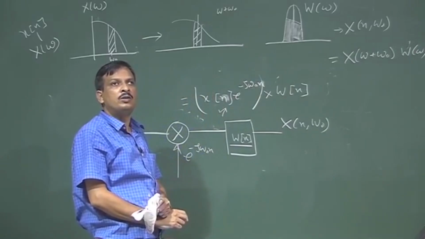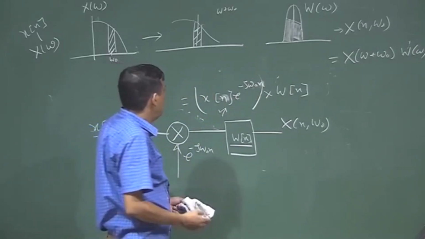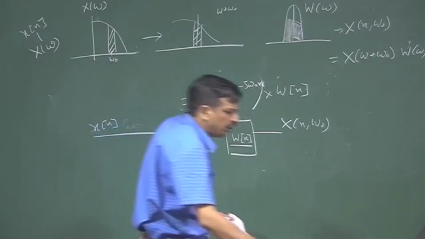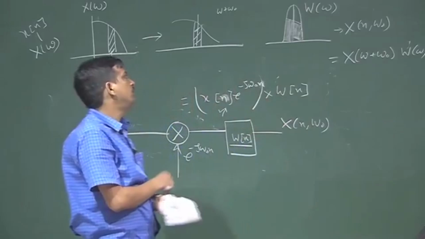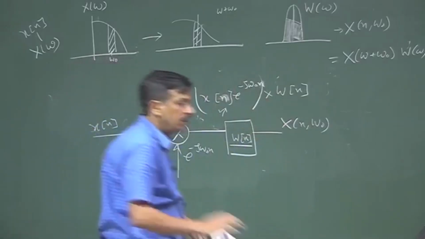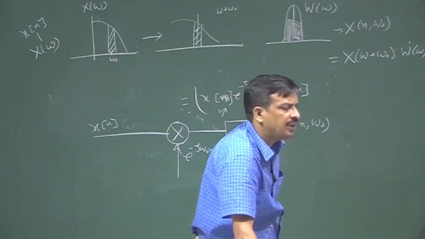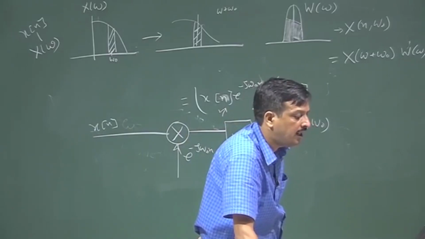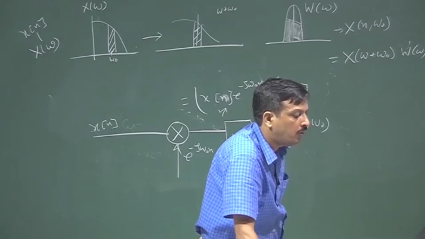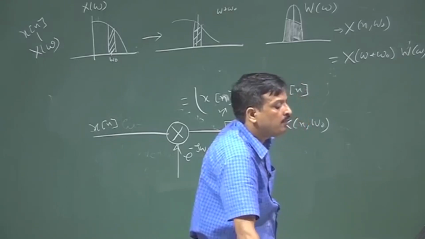Okay. Now, I can shift this notation. Instead of writing it this way, I can write it another way. X n omega 0 is nothing but e to the power minus j omega 0 n times x of n convolved with the window.